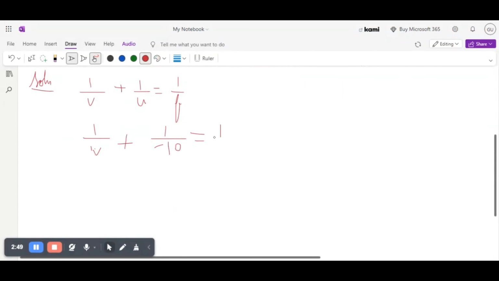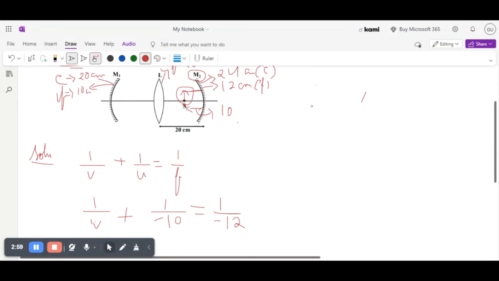I hope you know sign conventions. In case you don't know, let me tell you the concept. Sign convention is taken according to the incident ray, okay. If the incident ray, for example, is in this direction and you are, let's say, measuring the focus, to measure the focus you have to go in this direction, because we calculate everything from the pole, right?